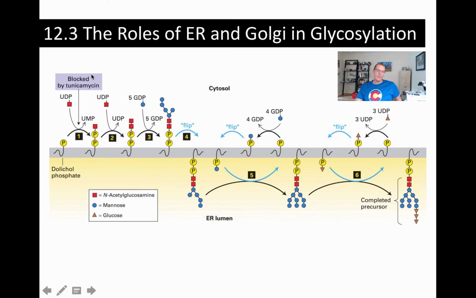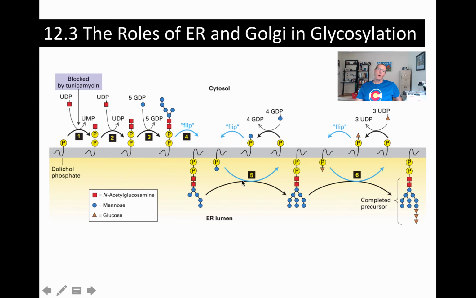So I think about this as the first step. If you want to think about this as the first set of steps, that's building the base oligosaccharide. So dolichol phosphate, adding N-acetylglucosamine and another phosphate, add another N-acetylglucosamine from the activated carrier, and then add on some mannose, and then flip.